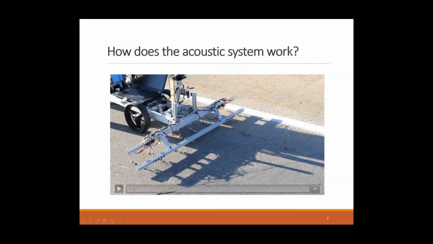So then we developed this cart. You can also call this a moving NDE platform. This one is specifically designed for the acoustic system.